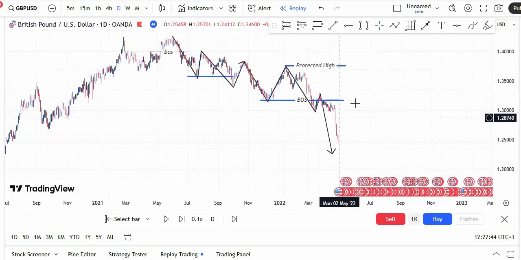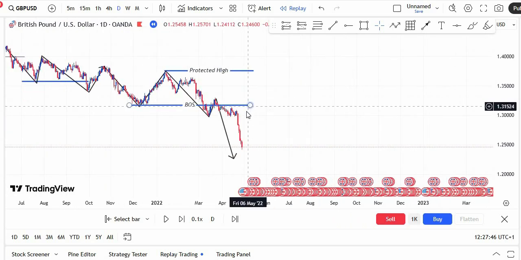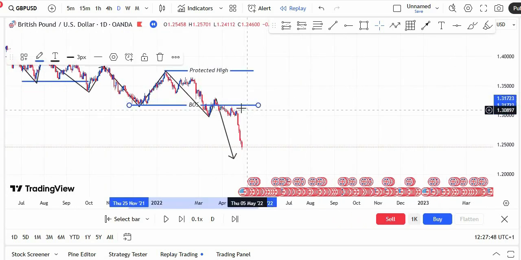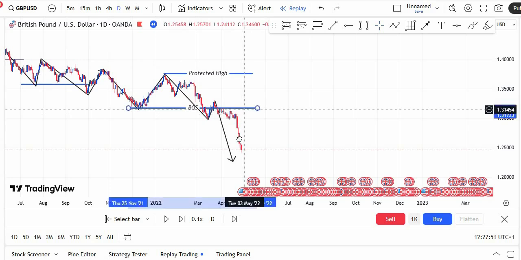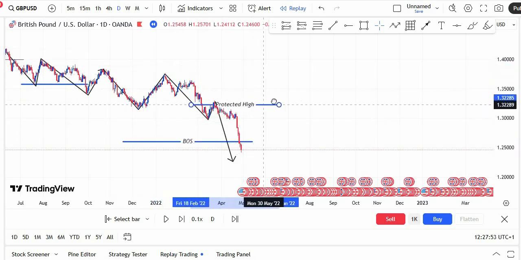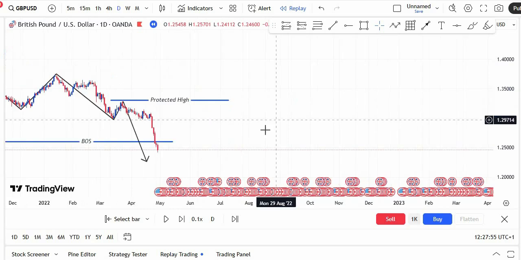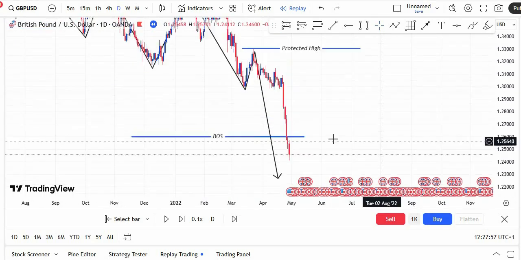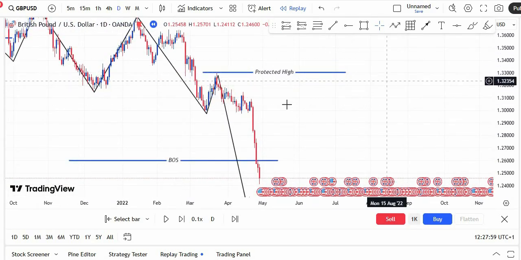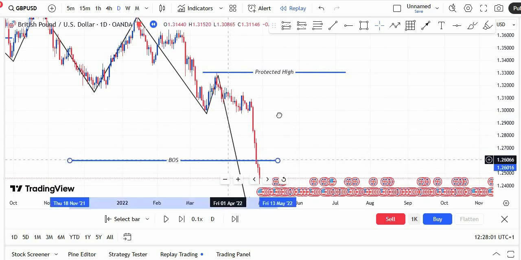So our next protected high is going to be right here. If the market breaks above this protected high, we have our break of structure right here already.